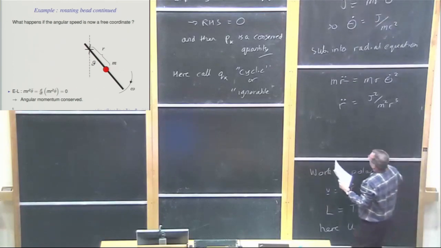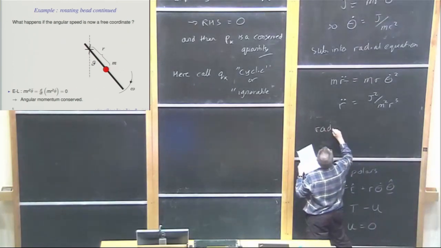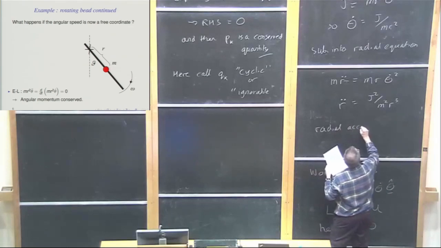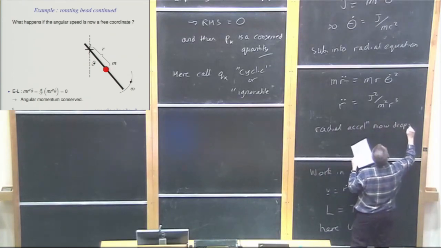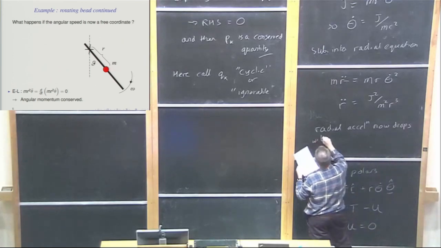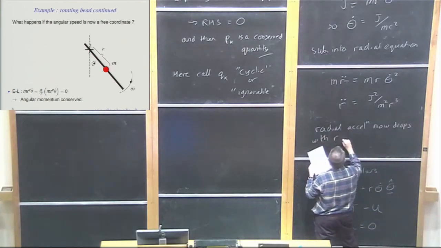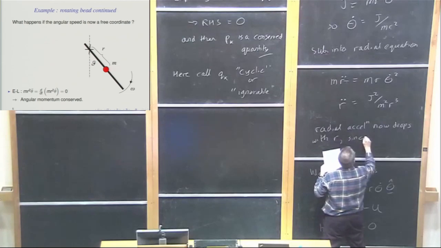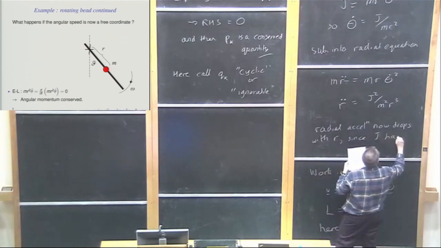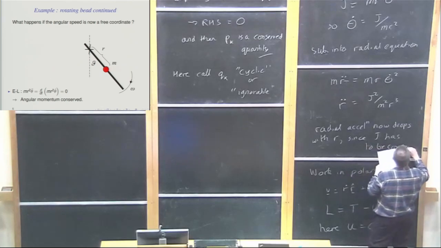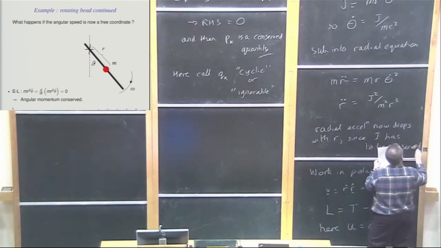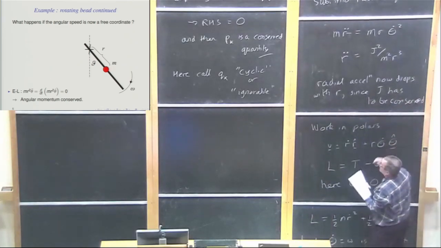So the radial acceleration now drops with r, and that is because J has to be conserved.